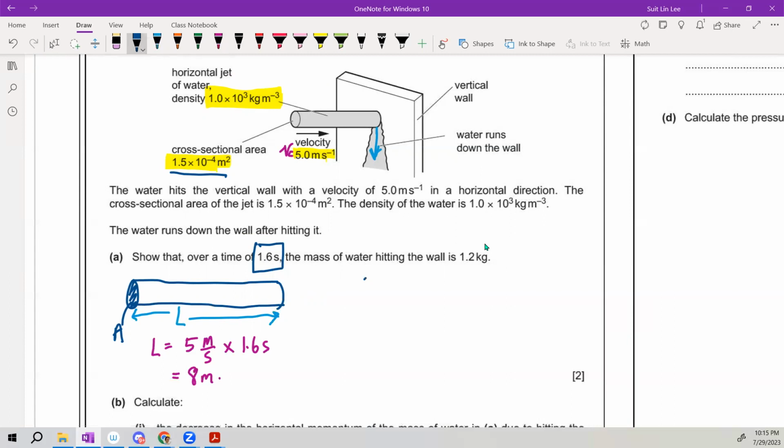Then to find mass, I can take density is mass over volume. So mass is density times volume. Put the value of density inside. 1.0 times 10 to the power of 3. Volume is the area, 1.5 times 10 to the power of -4 multiplied by the length, which is 8.